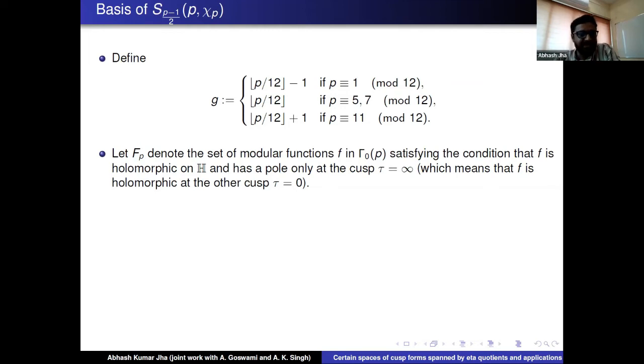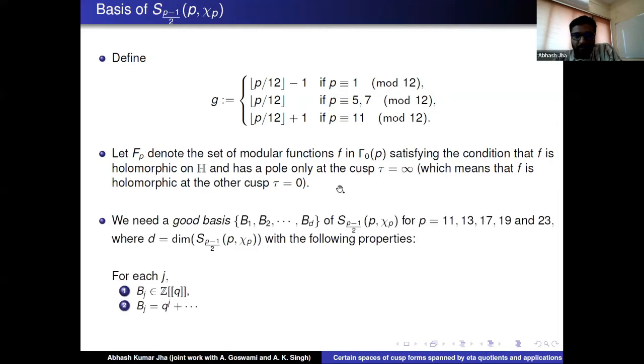Anyway, F_p denotes the set of all modular functions f on Gamma_0(p) such that it has a pole only at the cusp infinity, not at 0. Gamma_0(p) has two cusps, infinity and 0.